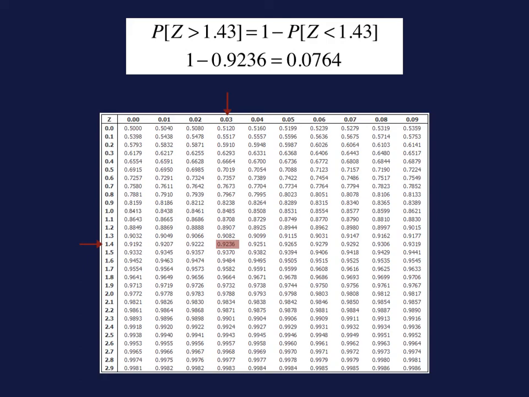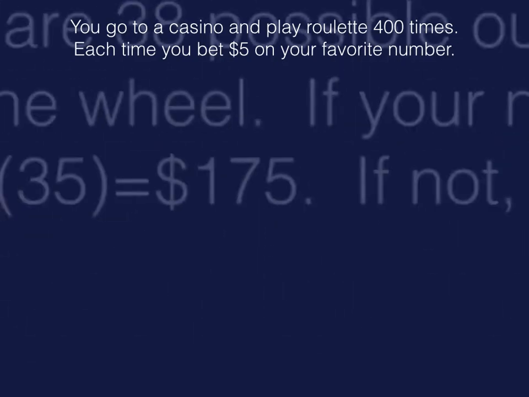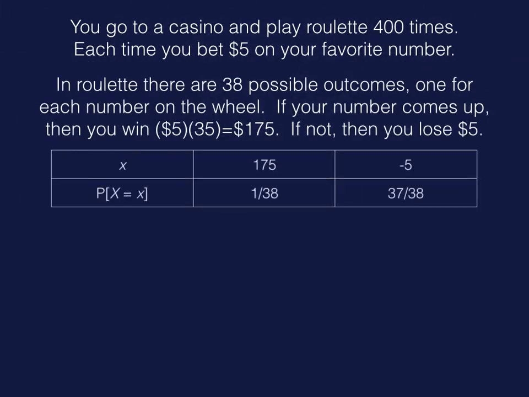Okay, another one. Okay, so we have a roulette wheel again. You're going to play $5 on your favorite number, and little explanation is required. Again, there's 38 possible outcomes. Only one of those outcomes is your number.